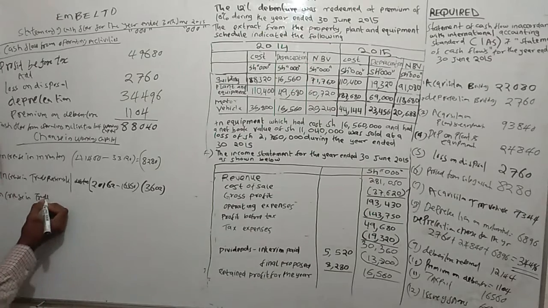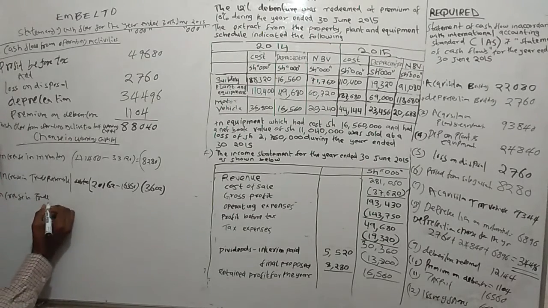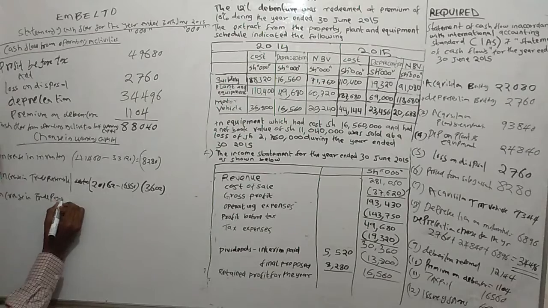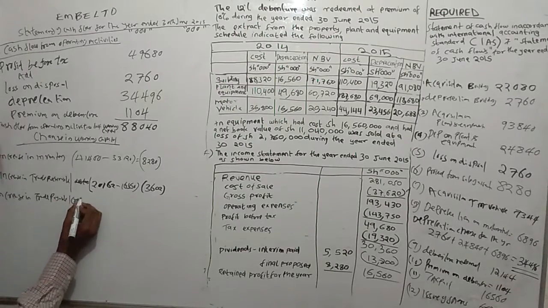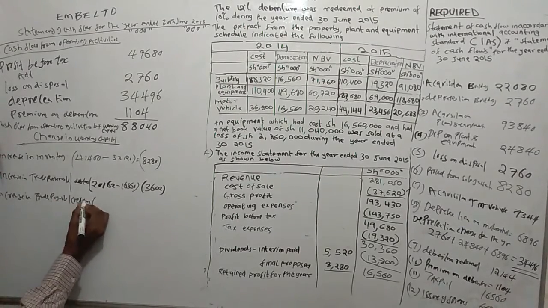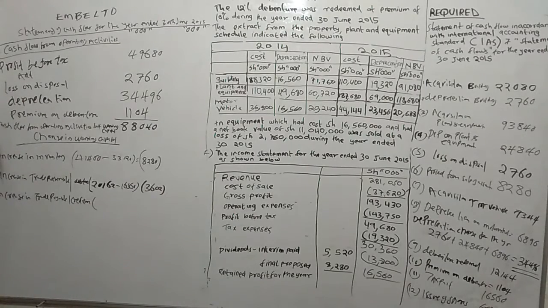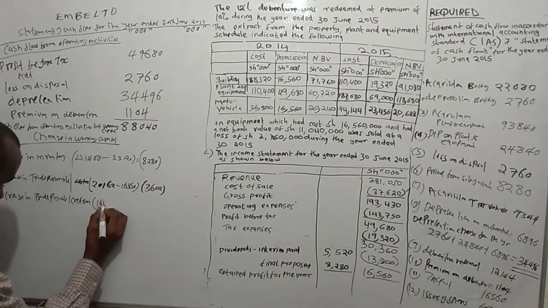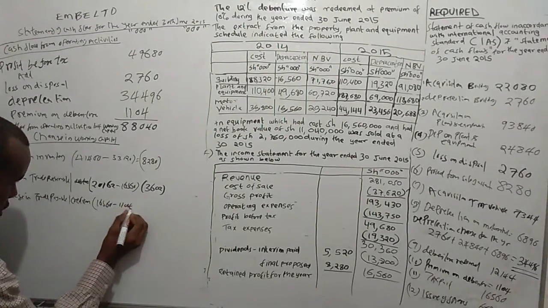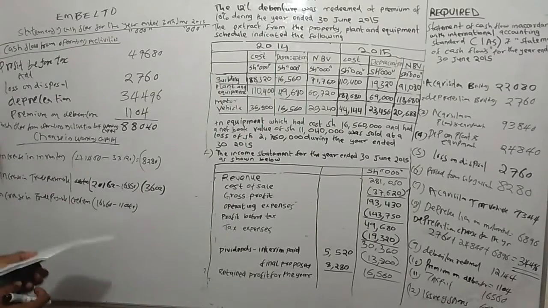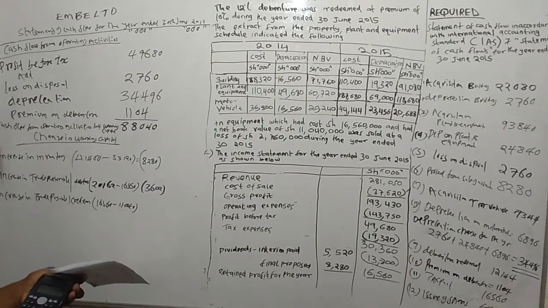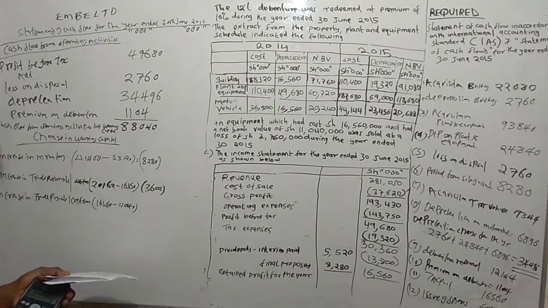Lastly, we have the increase in trade payables, also called creditors. It has increased from 11,040 to 16,560. Now we take 16,560 subtract 11,040, which is 55,20.